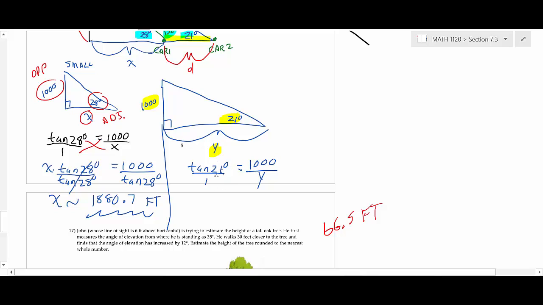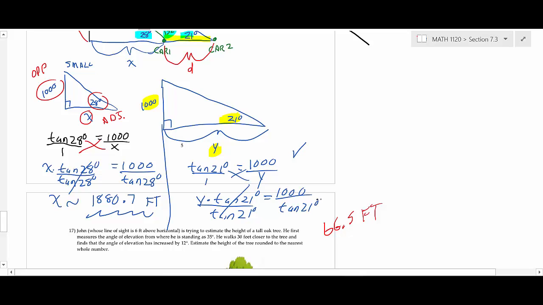When you get down to this point, if you're ready to go to your calculator, a lot of times students can rearrange that in their head and just get the calculator out. As long as you've got that set up okay, the rest you can do on the calculator. If you cross multiply, you have y times tangent of 21 is equal to 1,000. Then you divide both sides by tangent of 21 to cross that out.